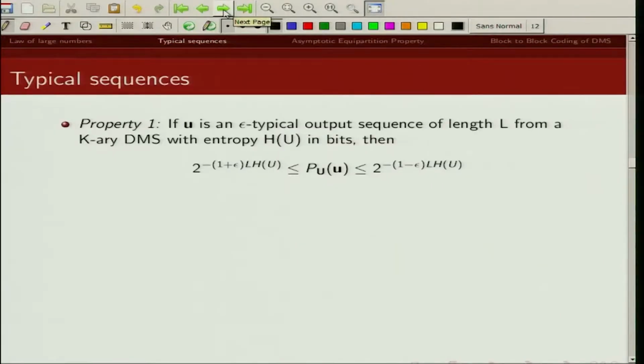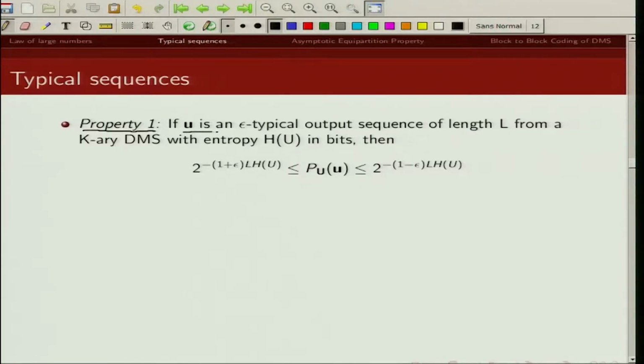Now that we have formally defined what a typical sequence is, and we also illustrated with the help of an example what a typical sequence is, now let us try to prove some properties of typical sequence. So we are going to prove 3 properties of typical sequence. The first property that we are going to prove is as follows.